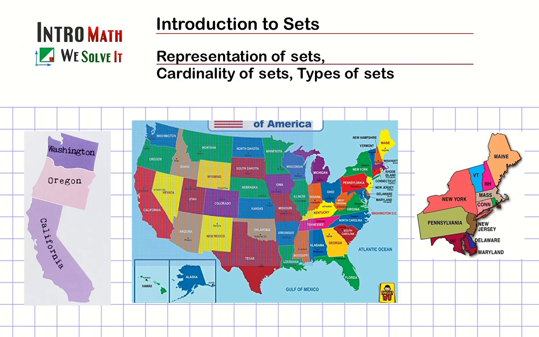The one on the right is a set of 11 states. And then the main map is a set of 50 states of the United States, right? So let me show you the three methods used to represent a set.